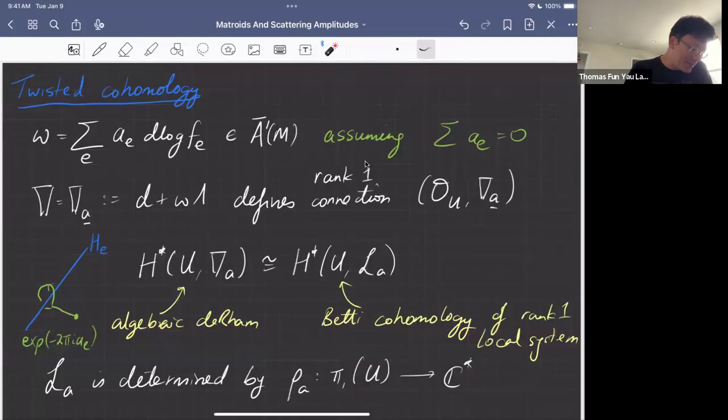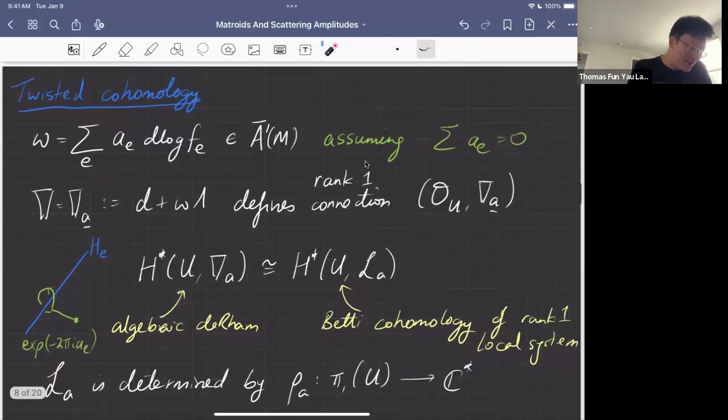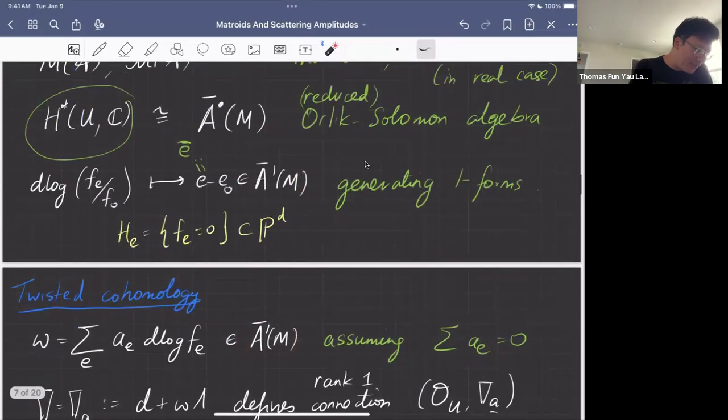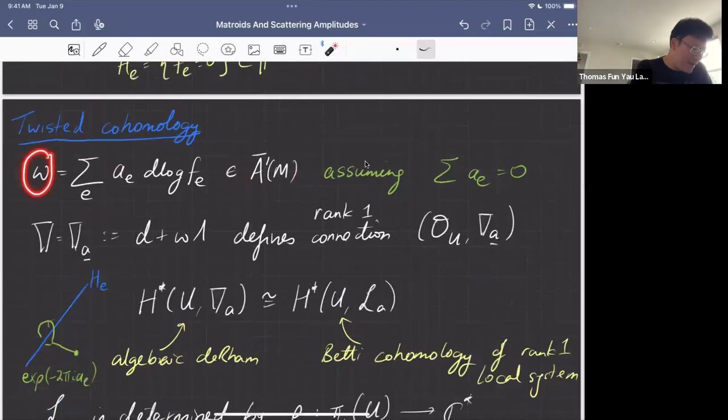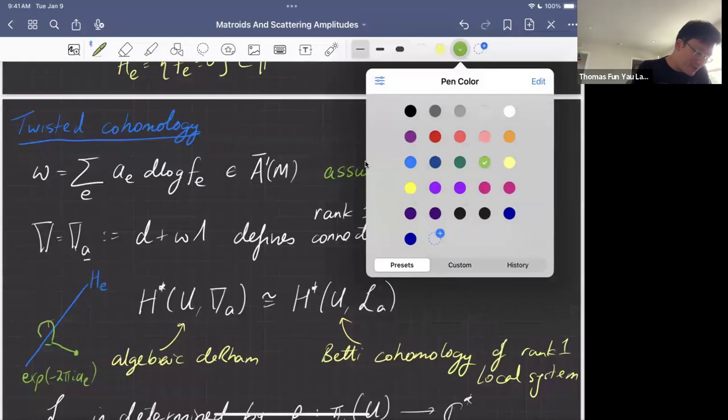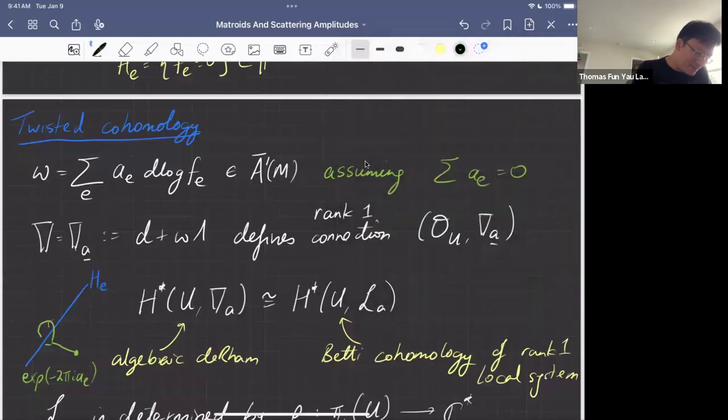What I'm going to do is take a particular degree one element, a particular one form, which is a linear combination of things that look like this. The one form I'll denote by omega, and it's a sum over e of a_e d log f_e. This is over the entire ground set. And to make this well-defined projectively, I assume that the sum of the coefficients is 0.